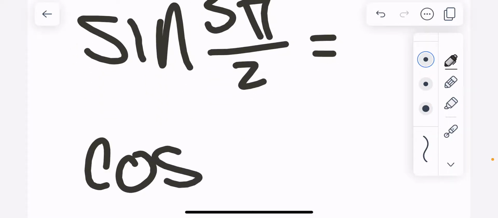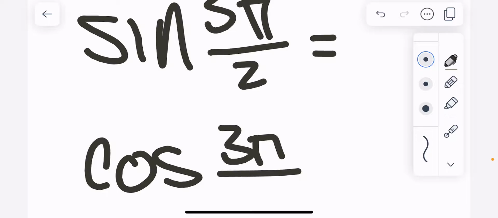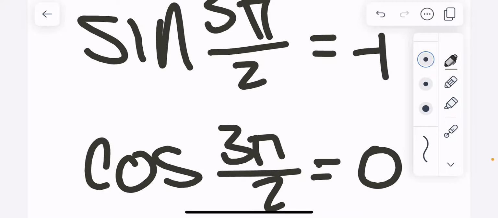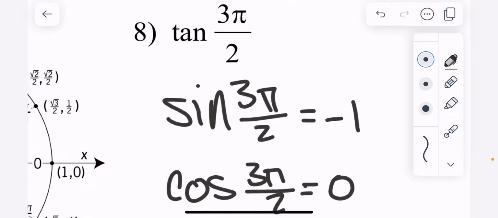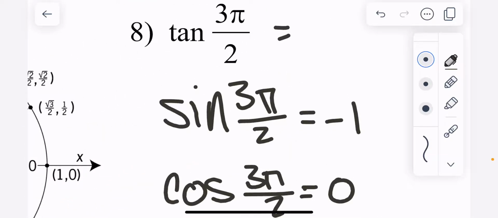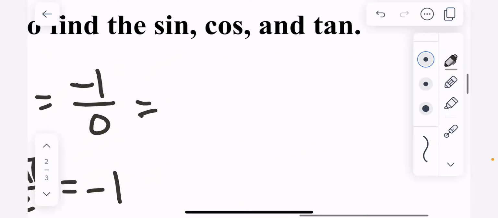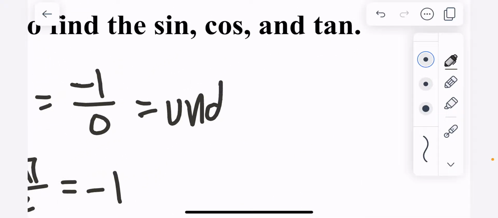So I think we said the cosine here was 0. The y here was -1. So sine is -1. So my tangent is just sine over cosine, -1 over 0. Well, anything divided by 0 is, hopefully you're saying to yourself, undefined, because you'd be right.